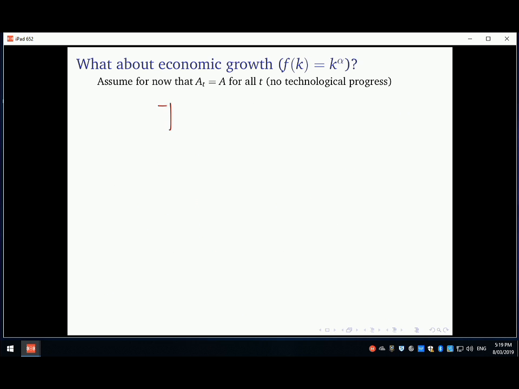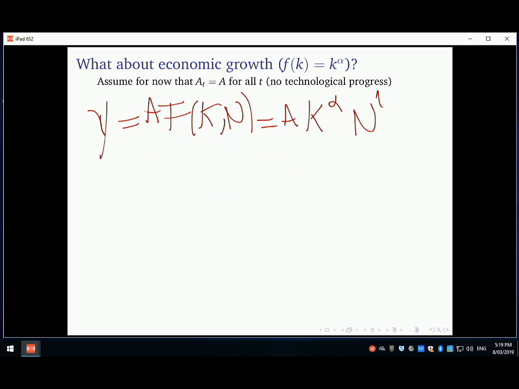Suppose that we have this production function Y equals A K N, right? And suppose that it's actually a Cobb-Douglas as we had before.